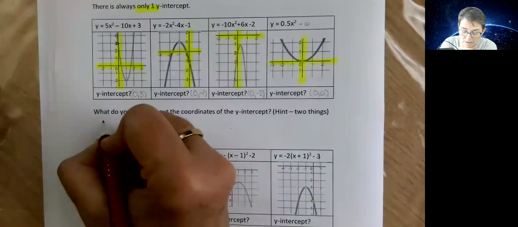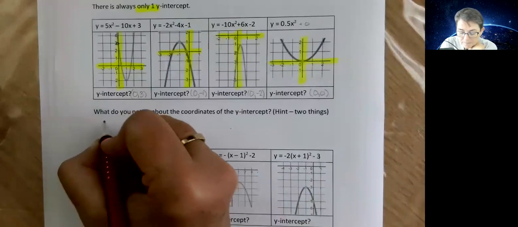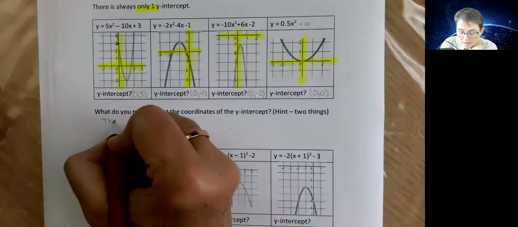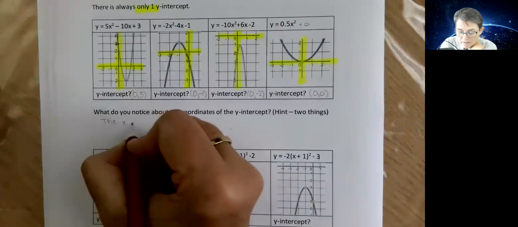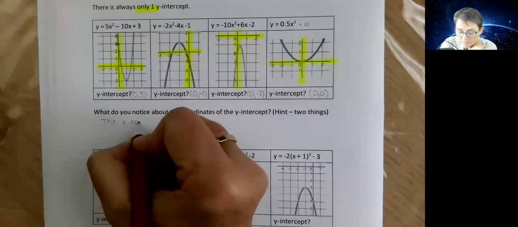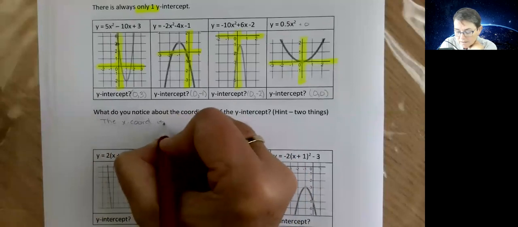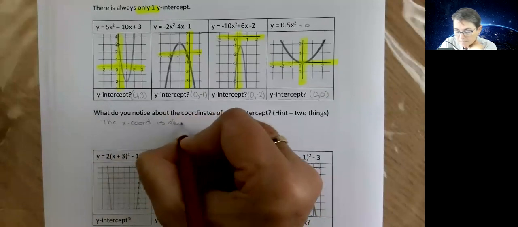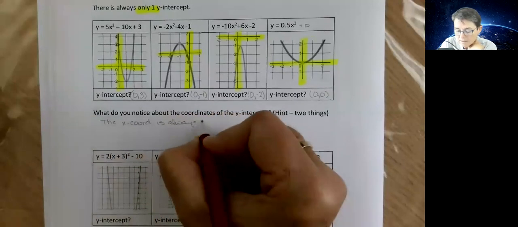So what do you notice about two things? So one, the x coordinate is always 0.